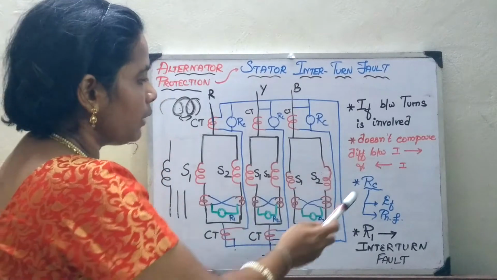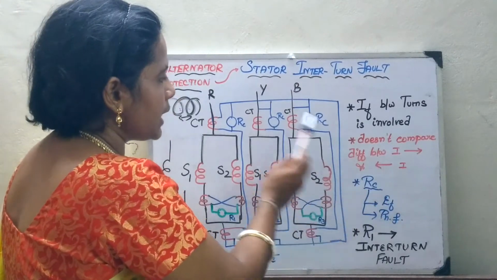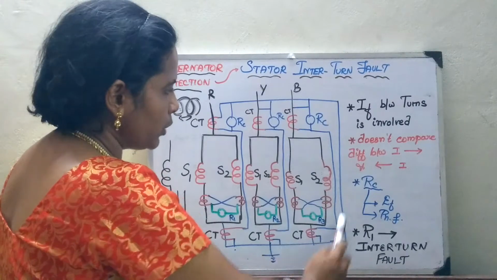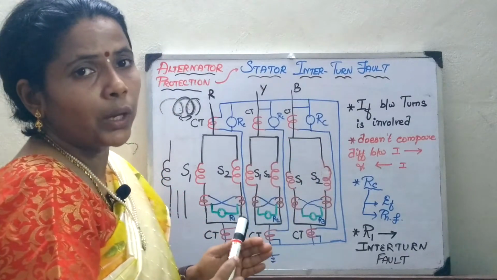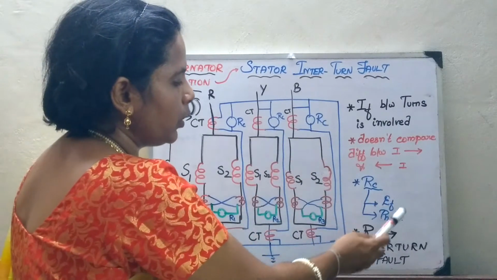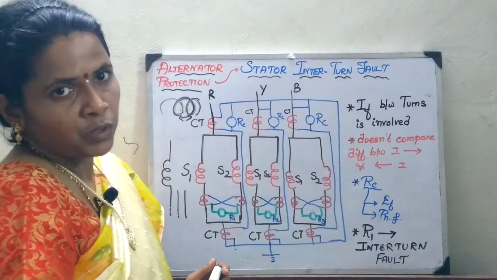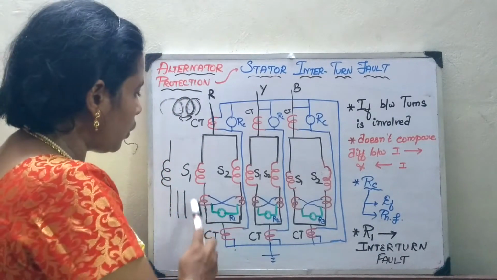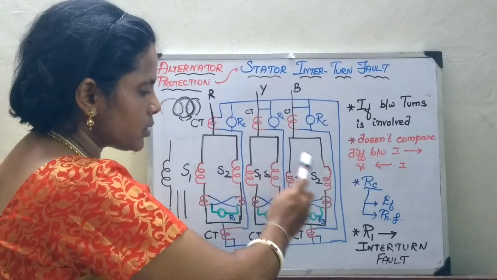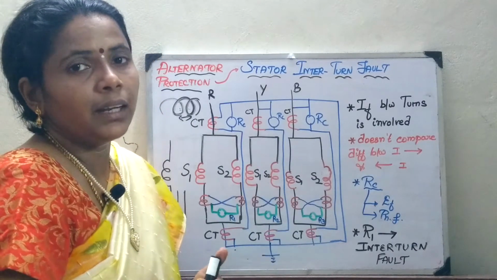Here, the RC, as I told you, the outer part gives the protection for your earth fault or phase to phase fault, this RC relay, whereas only this part is concerned with your stator interturn protection.